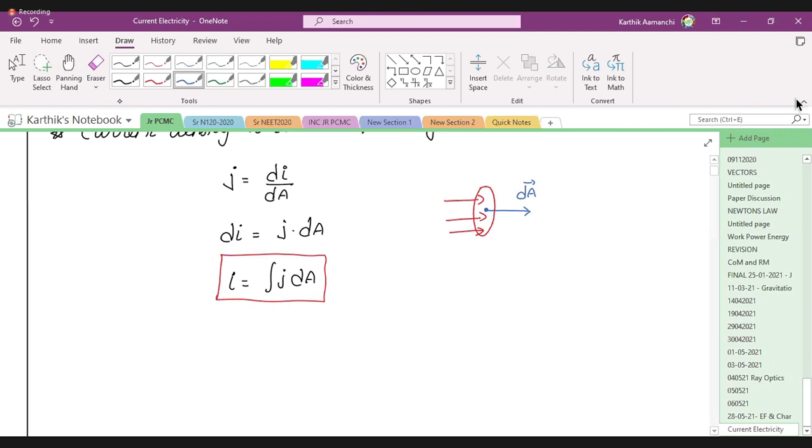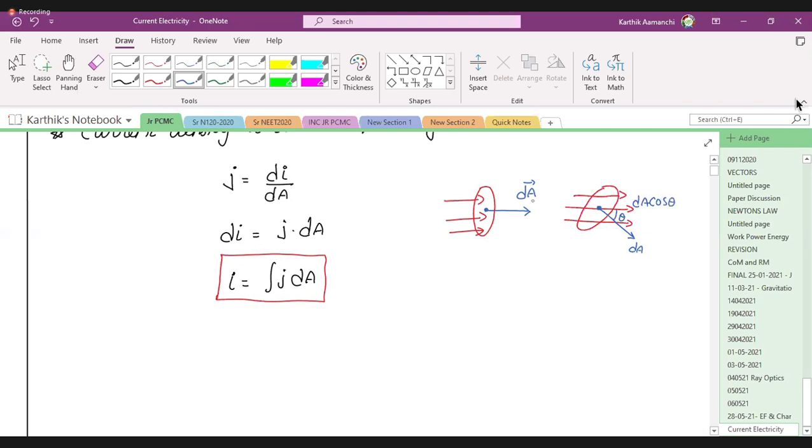Now, for example, I take an area something like this, and the current is going in this direction. So your area vector will be like this. So if this is theta, this will be dA cos theta.